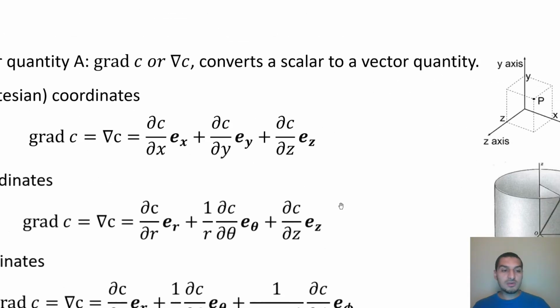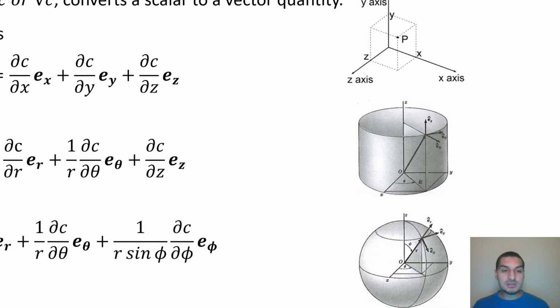And in the cylindrical coordinates we define a point in space by the radius from the center line, the height, which is z, and theta, which is the angle from this reference angle 0. So this is angle equals 0, and this is angle equal theta, and this is r and z.